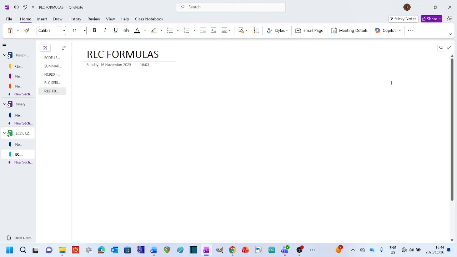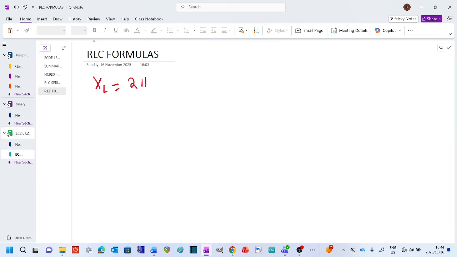Alright, so useful formulas that we can use, because the challenge that we have is the formula sheet does not provide us with enough formulas. It does not provide us formulas based on the problem that is in the examination, so somehow you have to know your formulas. You don't have to rely on a formula sheet. So we already determined that XL, which is the inductive reactance, is going to be calculated as 2 pi multiplied by frequency multiplied by L. L is the inductance.